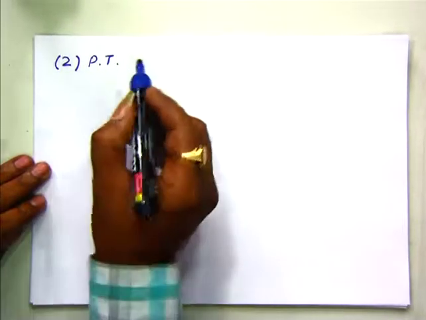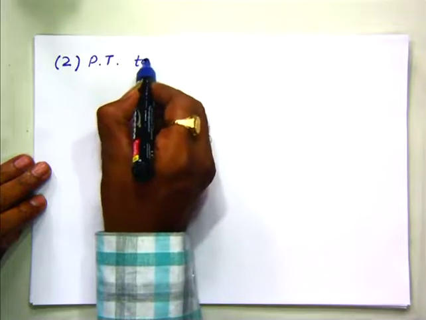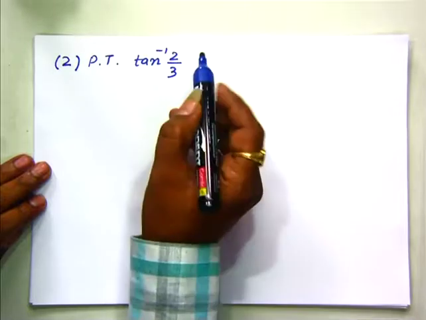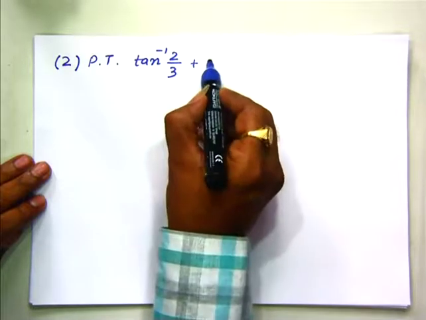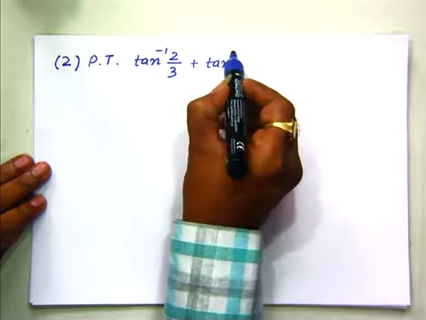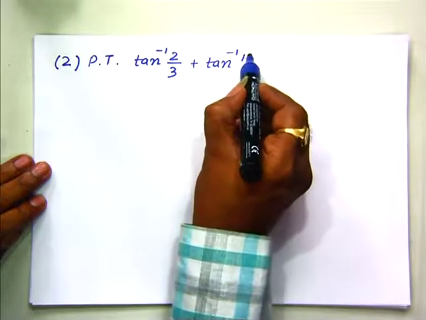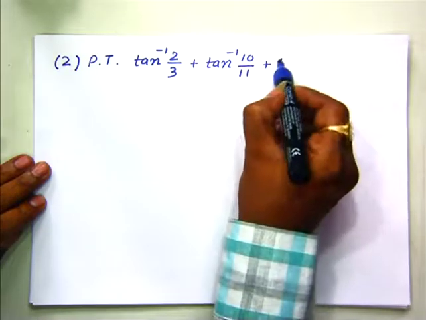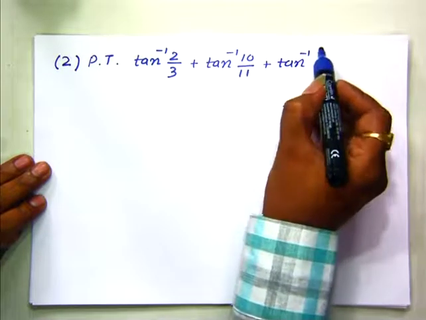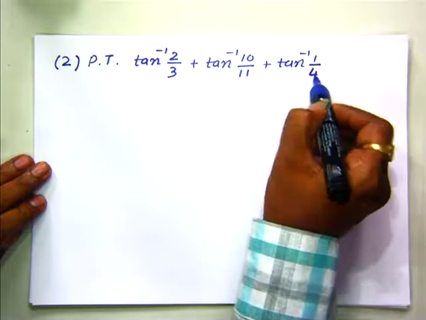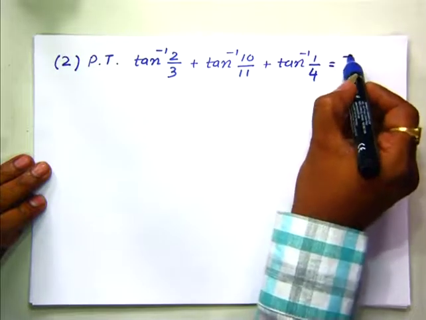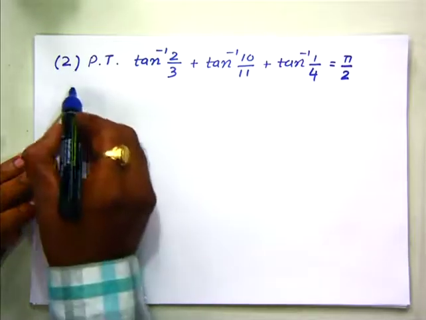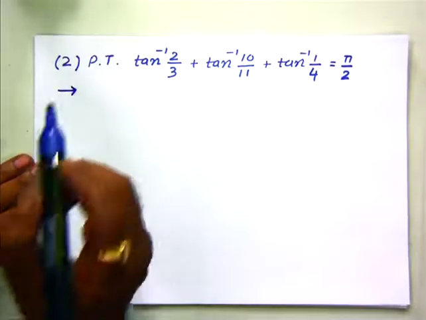Prove that tan inverse 2 by 3 plus tan inverse 10 by 11 plus tan inverse 1 by 4 equal to pi by 2. Let's try to prove this.